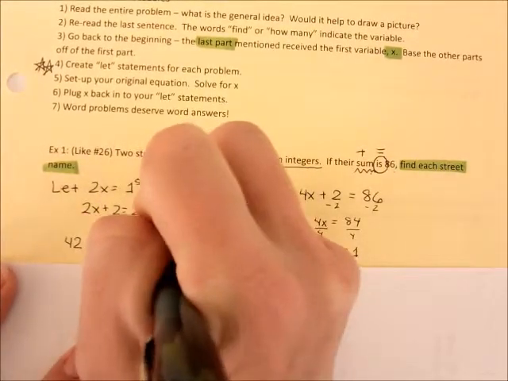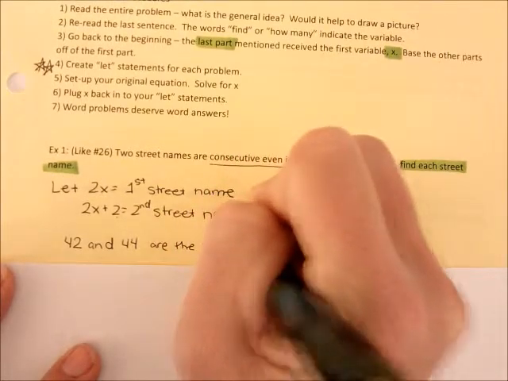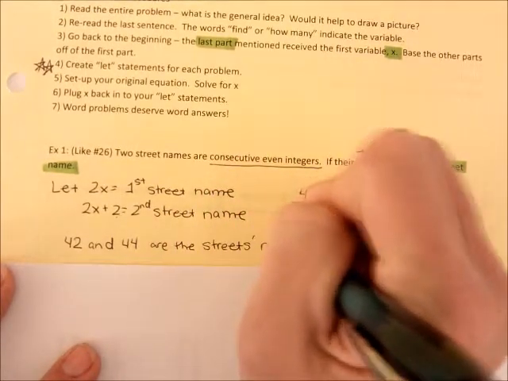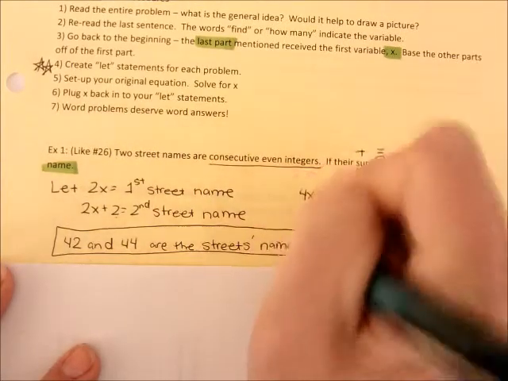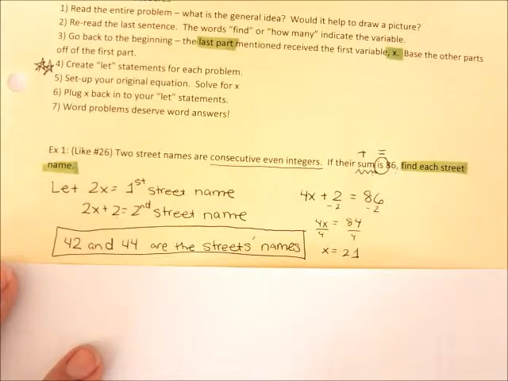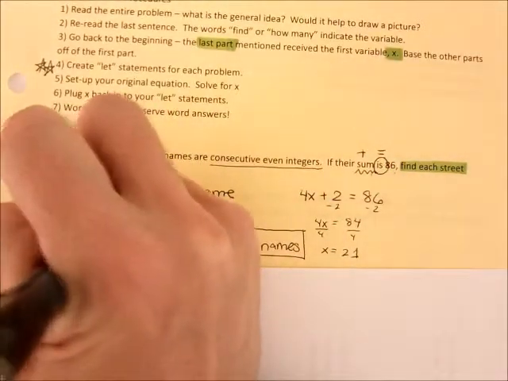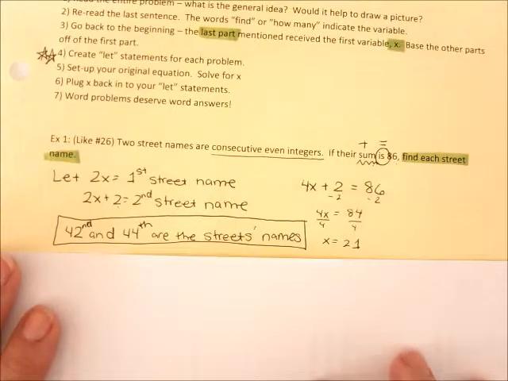Those are the street names. 42nd Street? Have you heard of 42nd Street? Oh. Okay, 42nd and 44th Street. Good. And we are done.